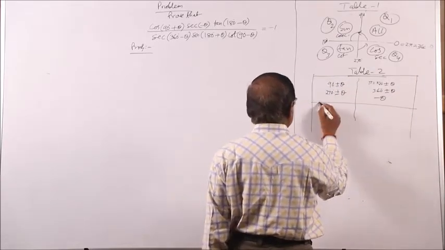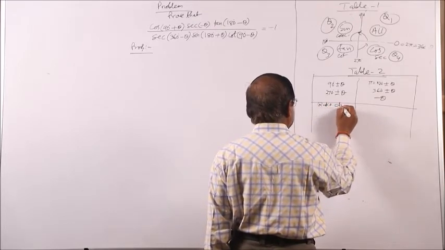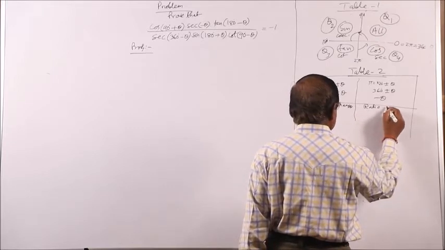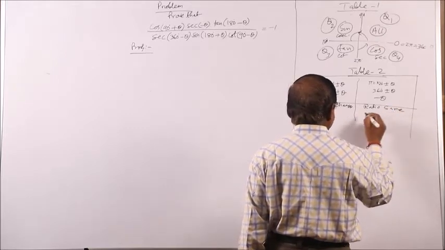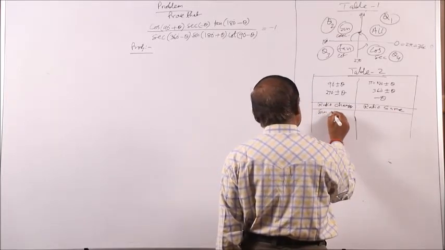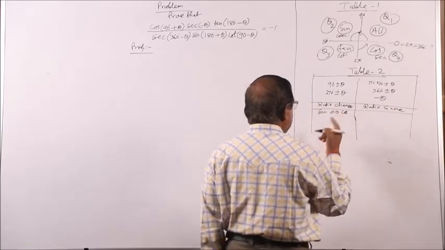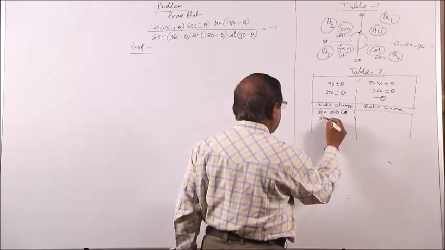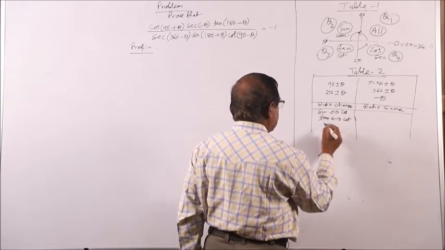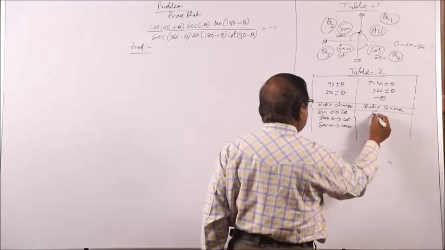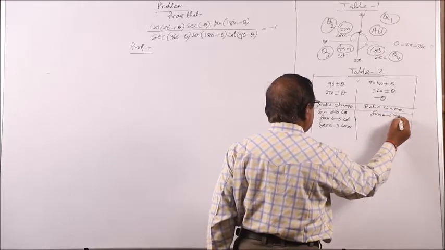Here the ratio changes. Yesterday I told you the ratio stays the same, not changed. I will clarify what this ratio change is. If it is sine, that becomes cos; if it is cos, then it becomes sine; then tan, cot; sec, cosec. Here there is no change: sine stays sine.